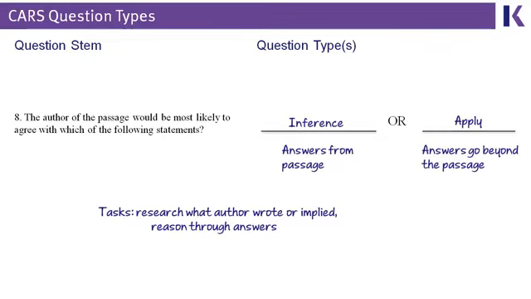A note on question 8 here, there is just the slightest possibility that question 8 could also be a detail question if the answers are specifically just details from the passage, not arguments from the passage, but it's unlikely that that will be this question type. It's just one of the rare detail types of questions you might see on the test. Again, don't worry here. Regardless of whether this is an inference or an apply question, your strategy is the same. You want to research what the author wrote or implied, and then reason your way through the answers.